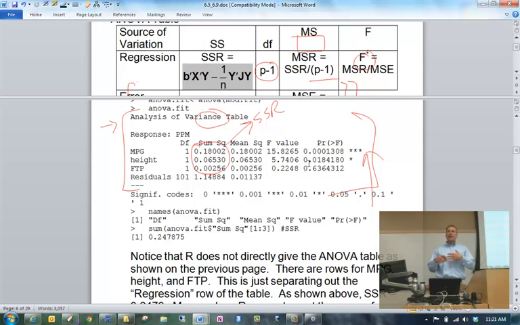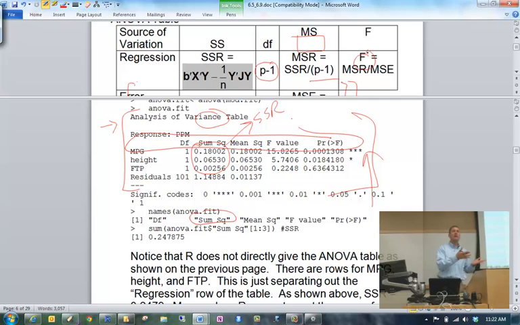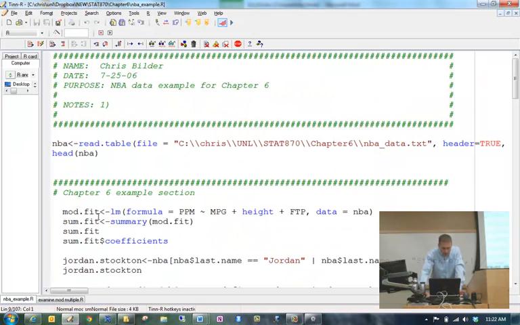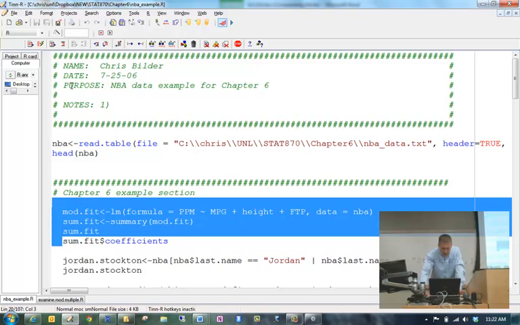So that means then I can say names(anova.fit) to see what's inside that list of information. And notice what it ends up giving me is basically the columns for this particular kind of object. It gives me the column names of what we saw there. And notice there's a column called Sum Sq. Let me actually, I think it's going to be a little bit easier if I run some of this right here.